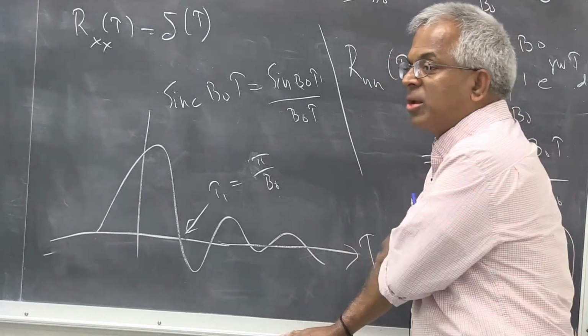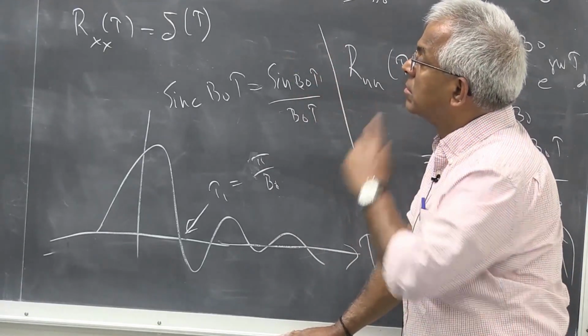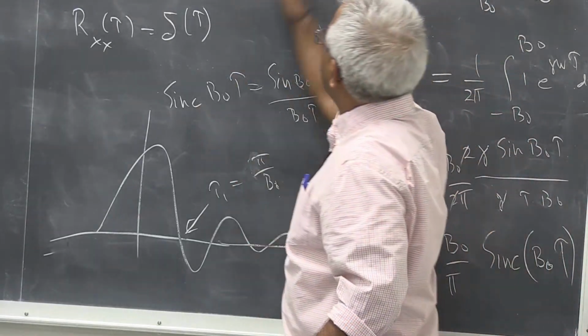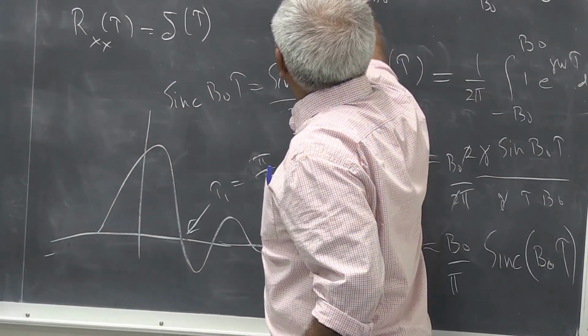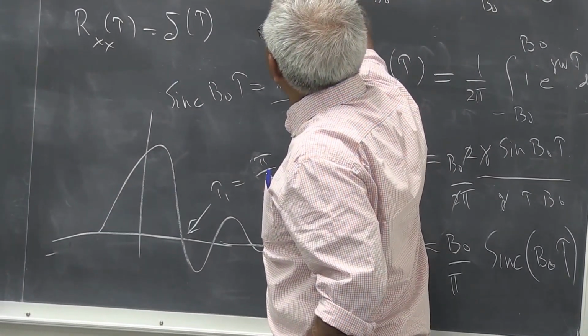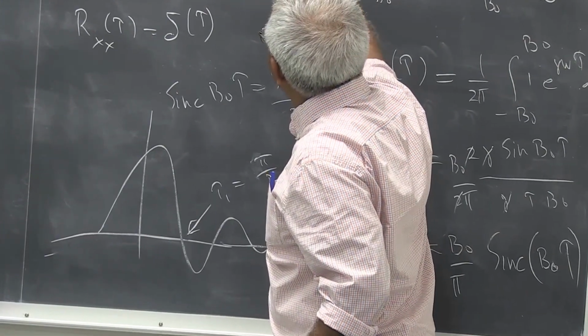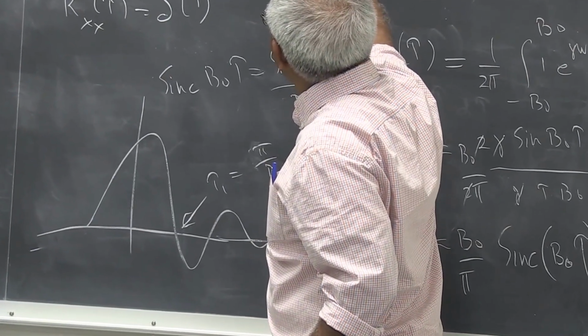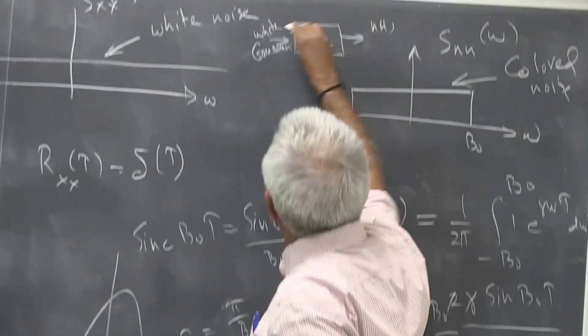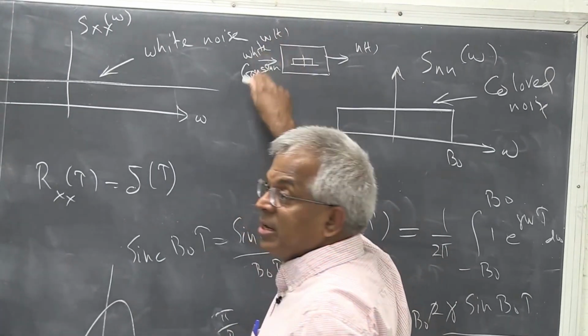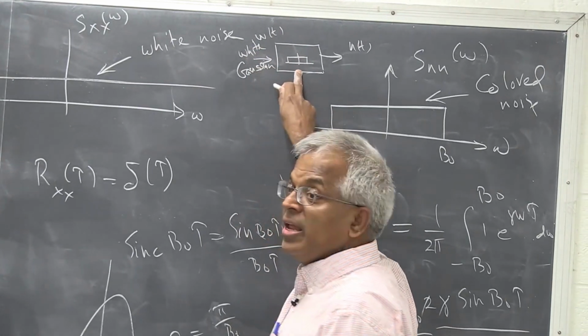So this is an interesting problem. Suppose you pass a white Gaussian noise process, W of t, which is white and Gaussian, through a linear filter.